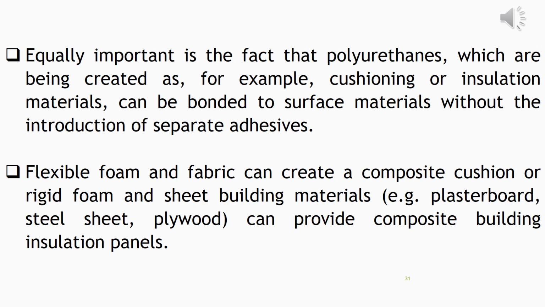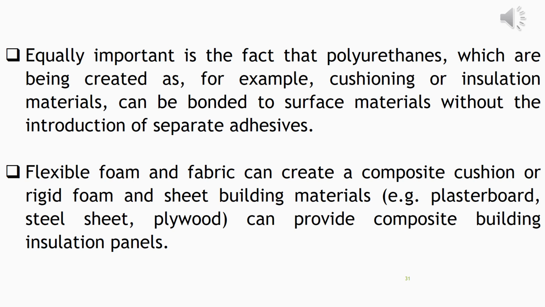Equally important is the fact that polyurethanes, which are created as, for example, cushioning or insulation materials, can be bonded to surface materials without the introduction of separate adhesives. That gel has such adhesive properties that these cushioning or insulating materials can be bonded to the surface of the materials.